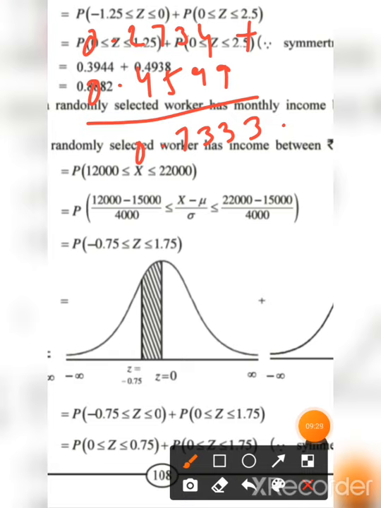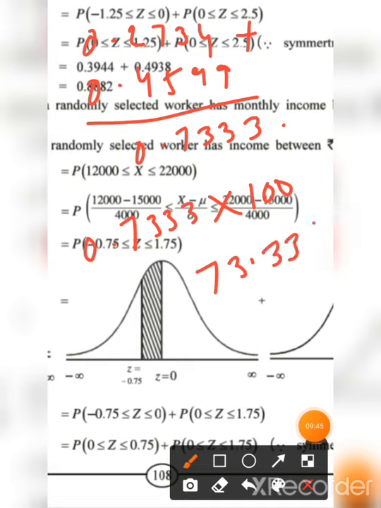So to find the percentage, you multiply 0.7333 by 100, because we need to convert it into a percentage. So you will get 73.33 percent. This is how we converted the area or the probability into the percentage. That is how we get the answer for the second sub question. That's example number 5 for you.